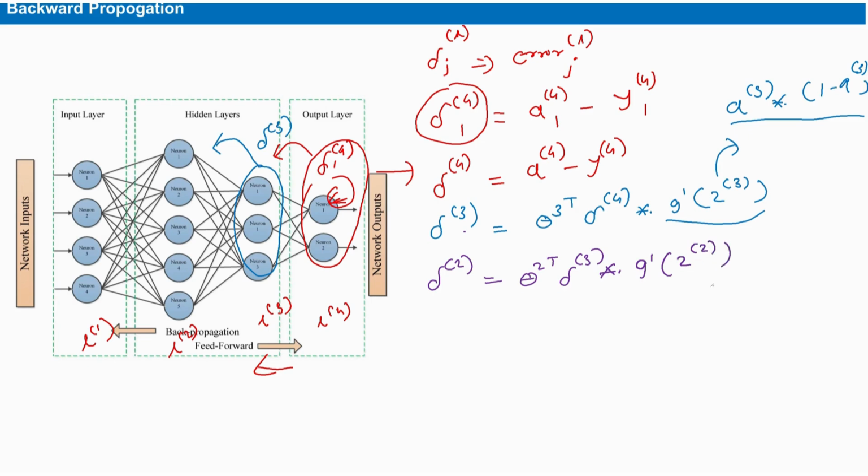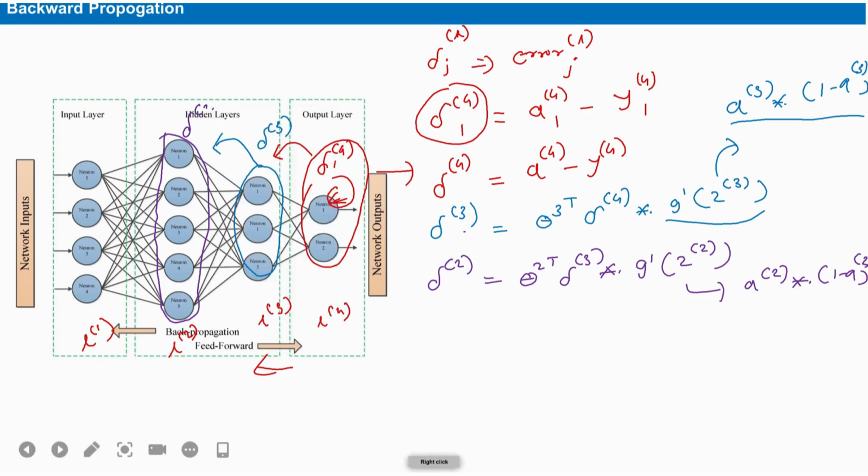And this again gets computed as A2 into 1 minus the activation in the second layer. This will give us our delta 2.